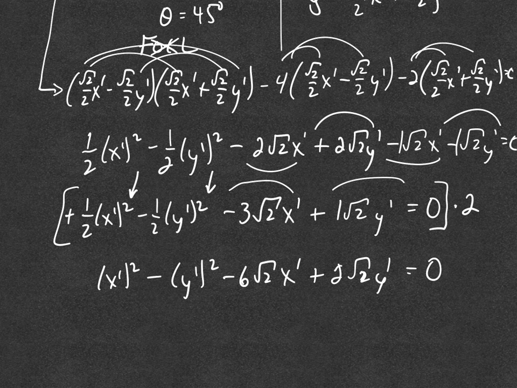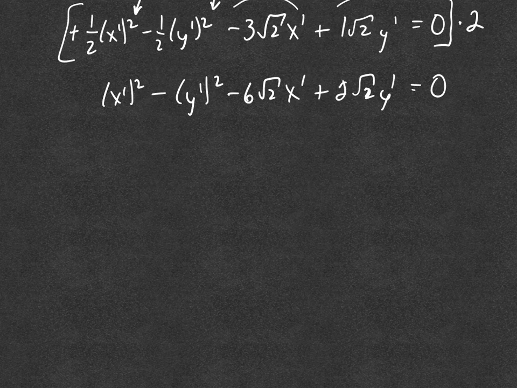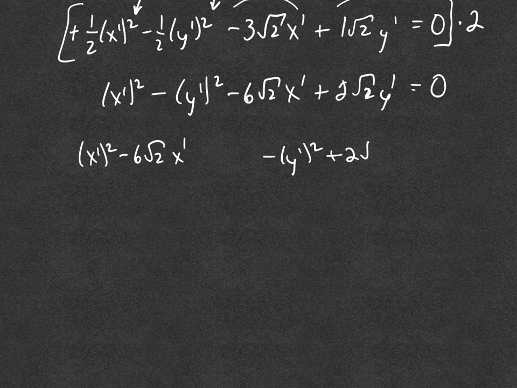All right, and now to complete the square, we need to get the x primes together. So we put the x prime squared and the negative 6 square roots of 2 x prime together. Okay? And then we put the y's together. So we put the negative y prime squared together with the 2 square roots of 2 y prime.